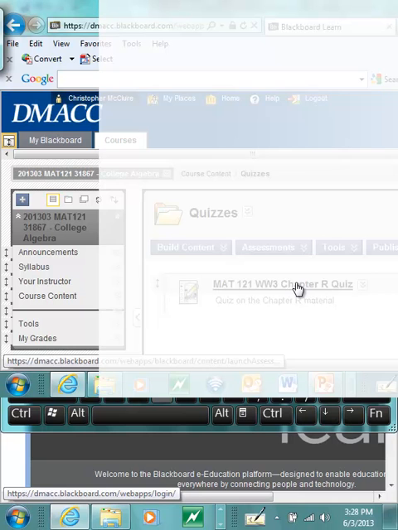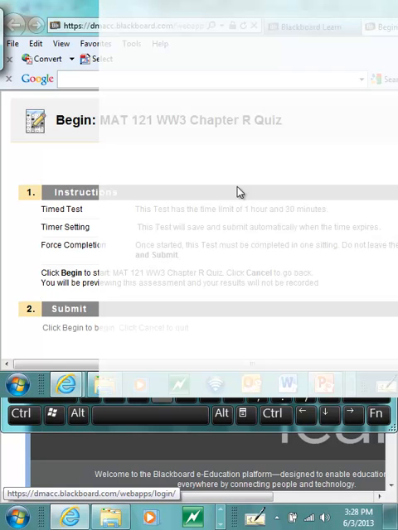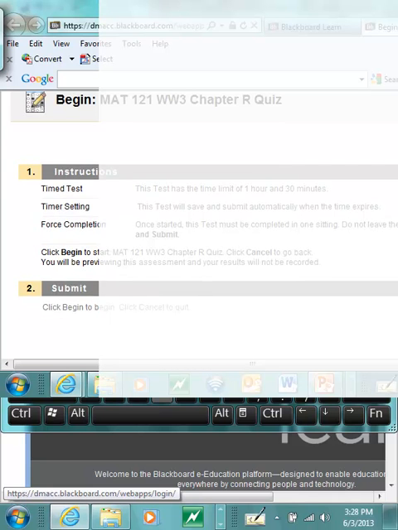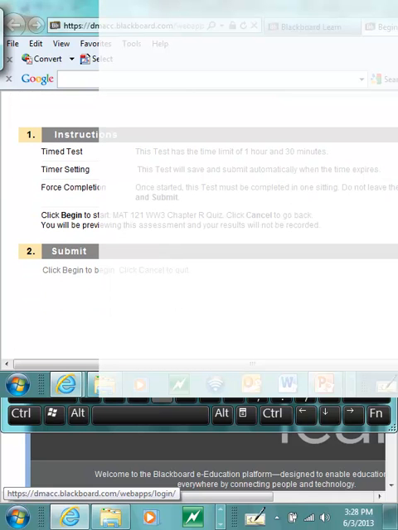And when you click on it, you see that you have 1 hour and 30 minutes. This test will automatically save. So folks, as you work your way through the problems, after you submit an answer for each problem, the computer system will save it, okay?